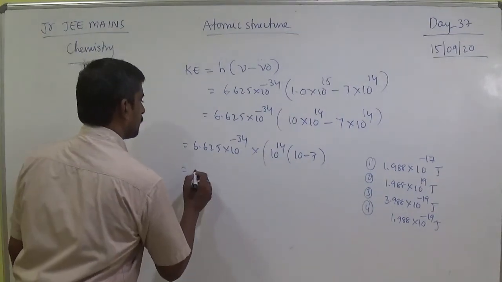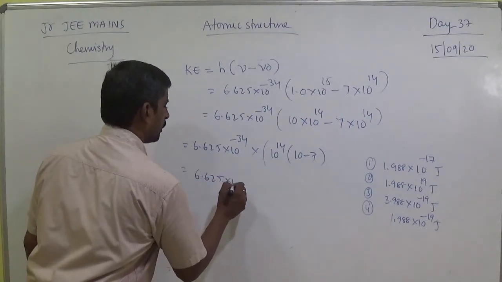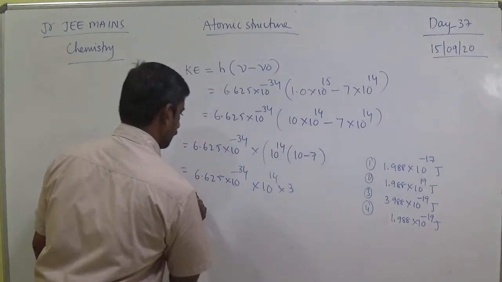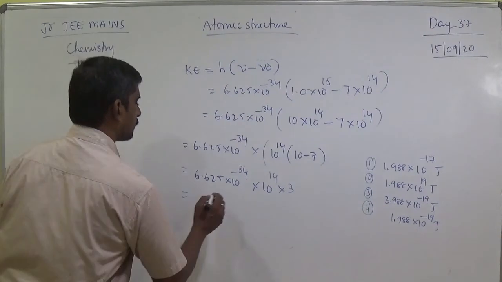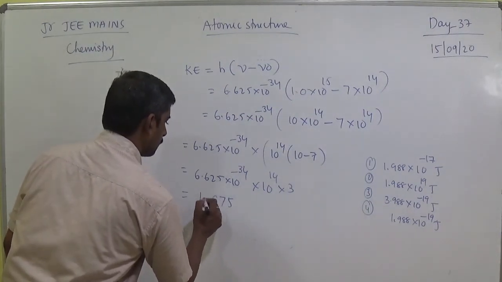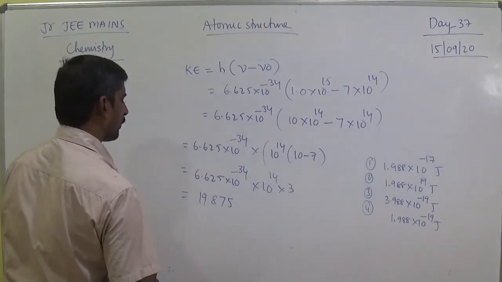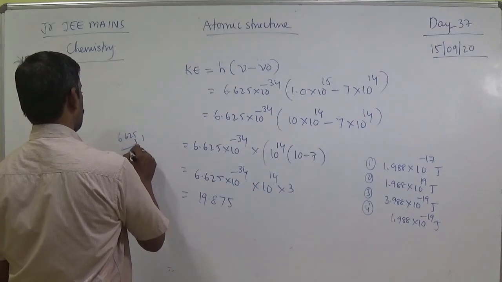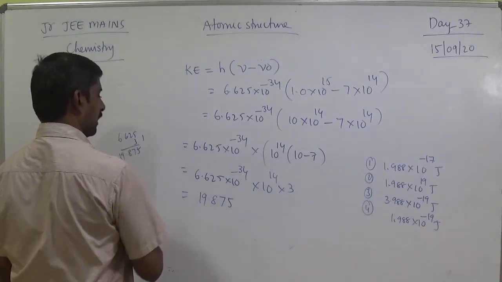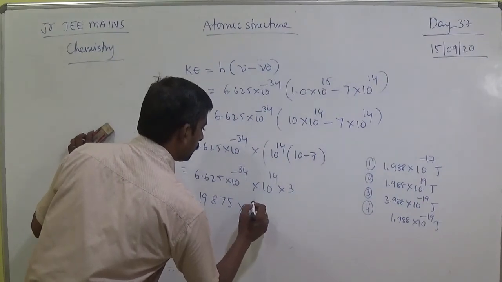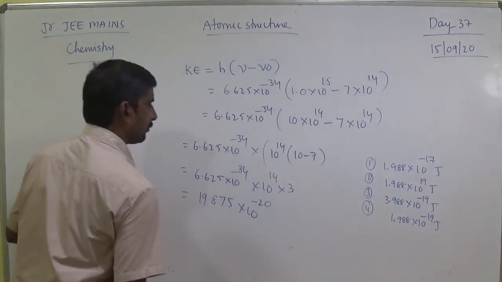That means 6.625 × 10^-34 × 10^14 × 3. So 3 times 6.625 is 19.875, into 10 to the power minus 20.